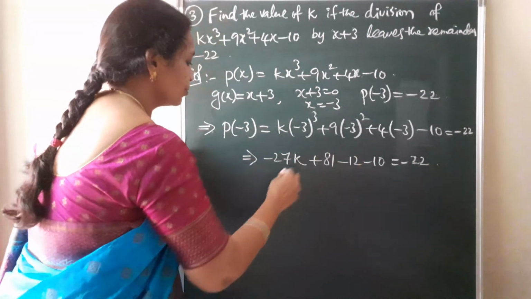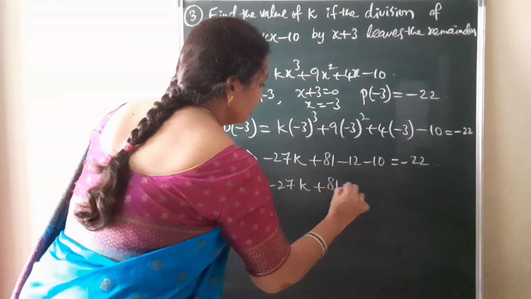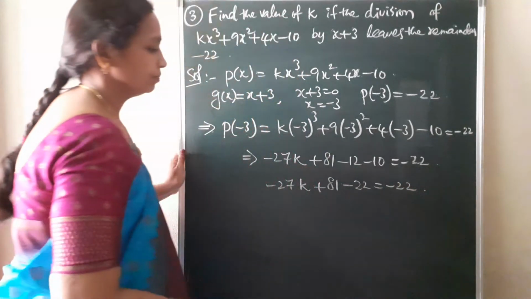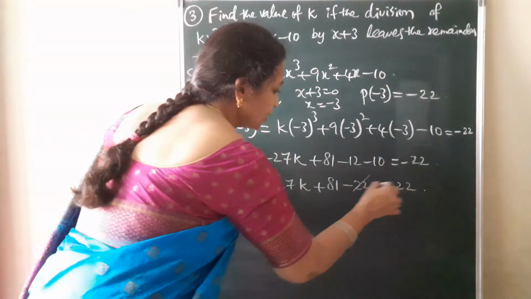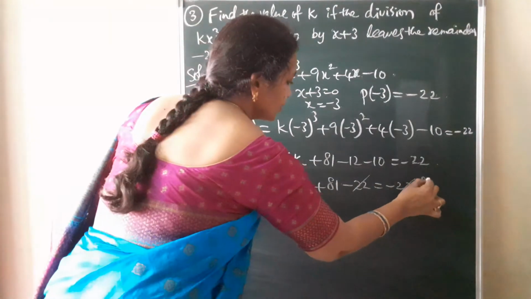Then transposing, minus 27k plus 81 minus 22 is equal to minus 22. So these two get cancelled, because after transposing plus 22 you will get 0.